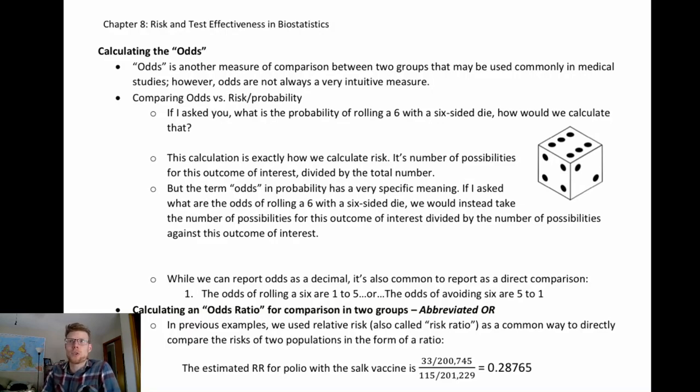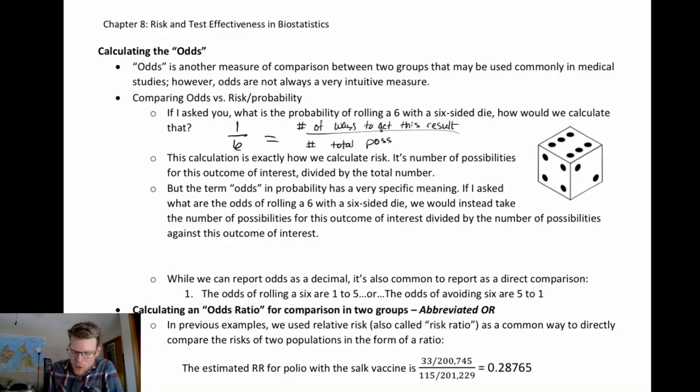If I asked you, what is the probability of rolling a 6 with a 6-sided die, how would we calculate that? Hopefully you remember from the chapter when we did probability that this is just going to be 1 out of 6. In other words, it's the number of ways to get this result divided by the number of total possibilities.